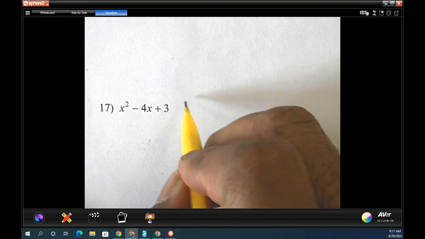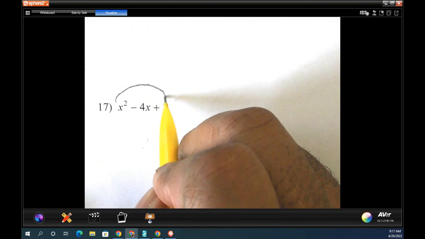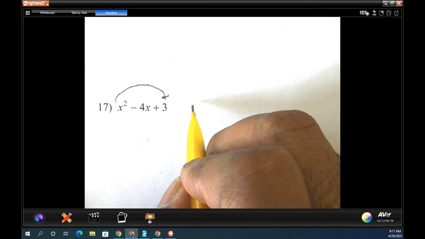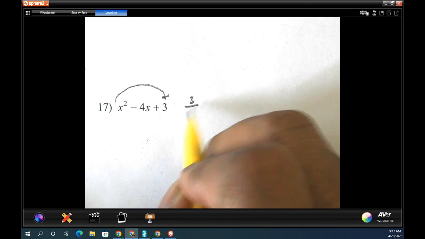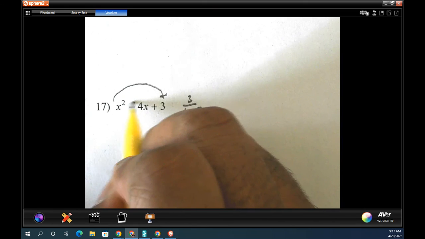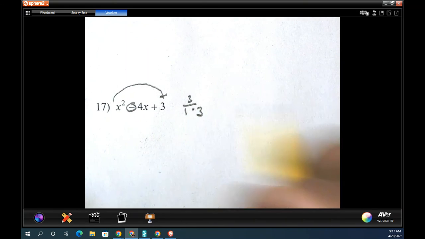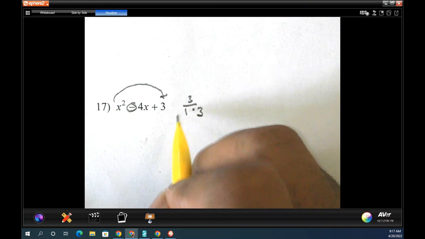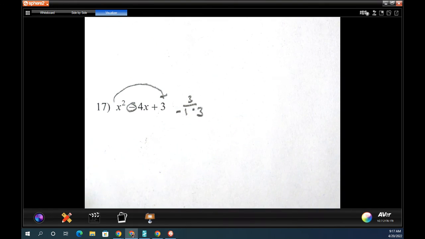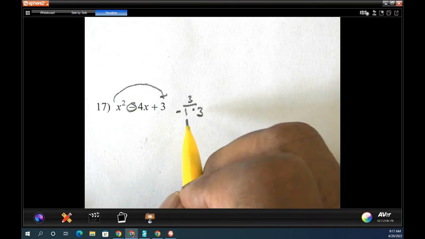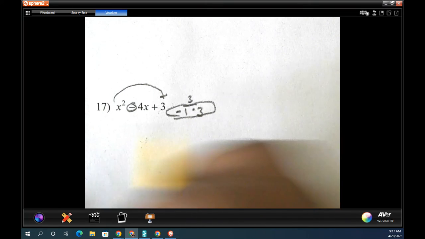All right. 1 times 3 is 3. 1 and 3 should make the larger ones negative. But that's positive. You had to make both of them negative. And they do add up to negative 4.